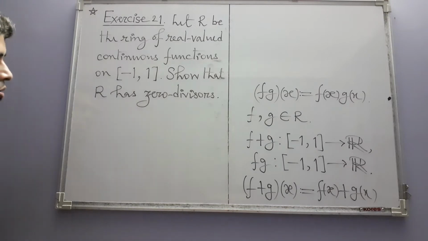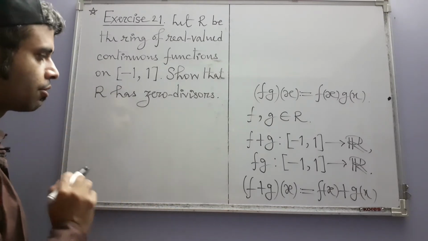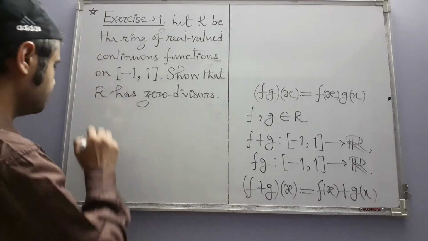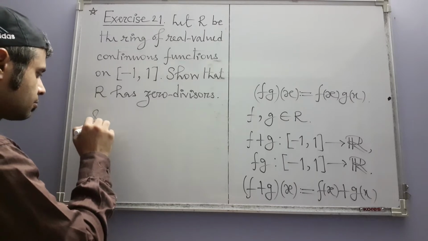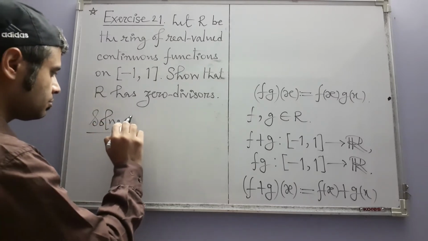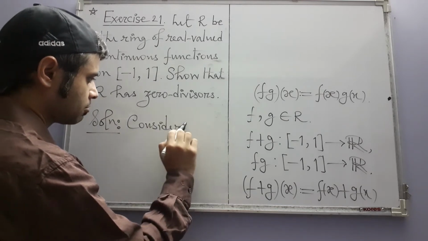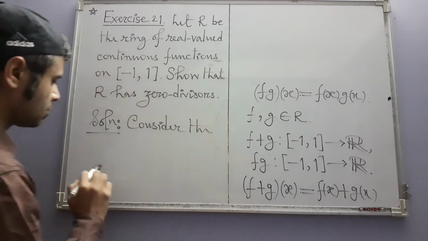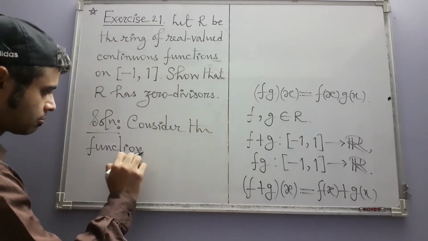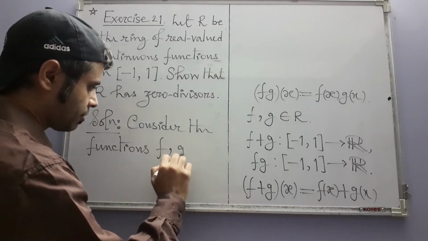Now we have to show that in this ring we have zero divisors, that is non-zero elements whose product is 0. So let's see. Consider the functions f and g.